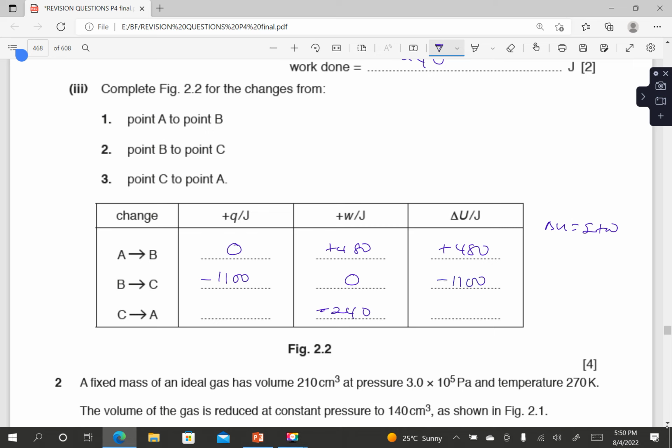We look at this column here where we know that the total net change in internal energy must be 0. So x plus this should give us 0. Net change in internal energy should be equal to 0. So when I add this plus that, it should give me 0.